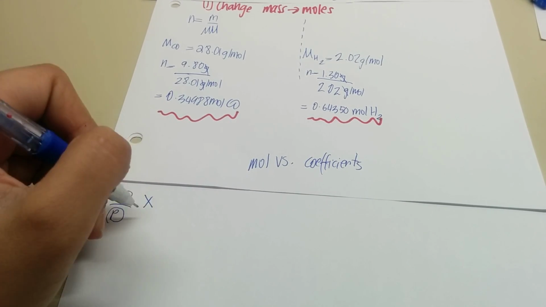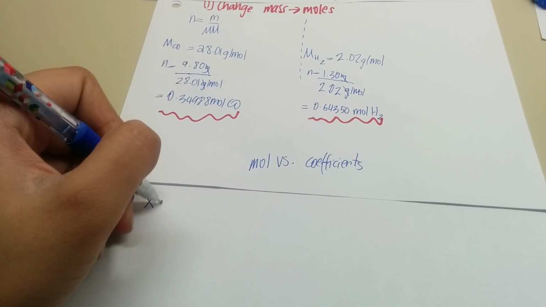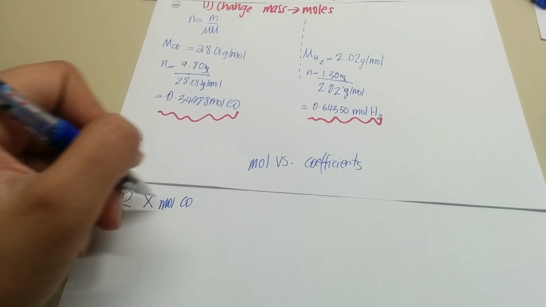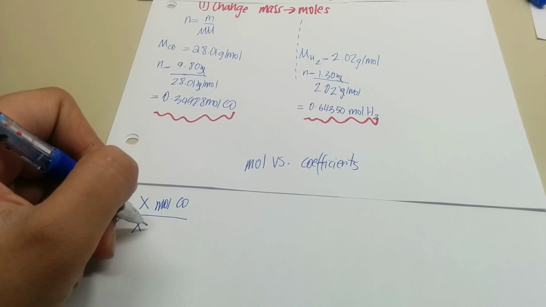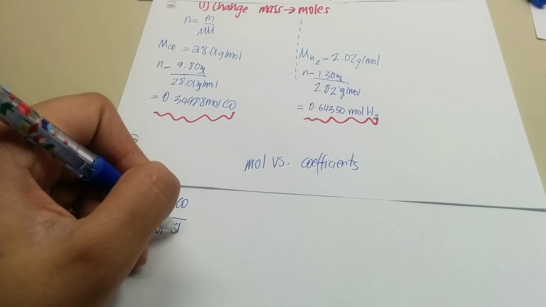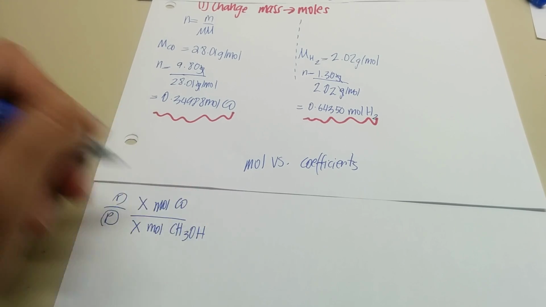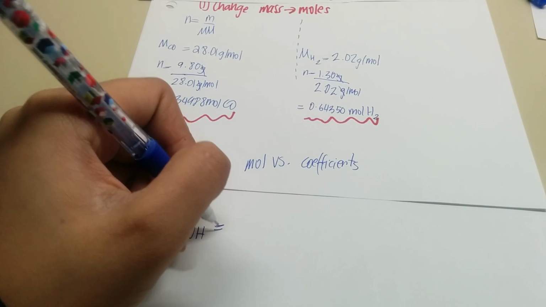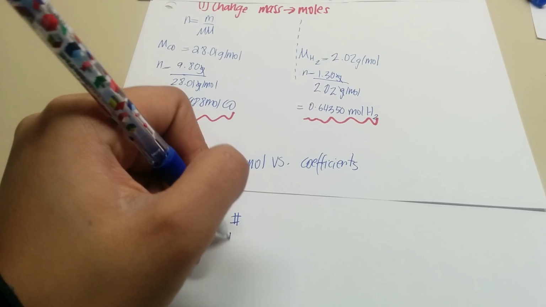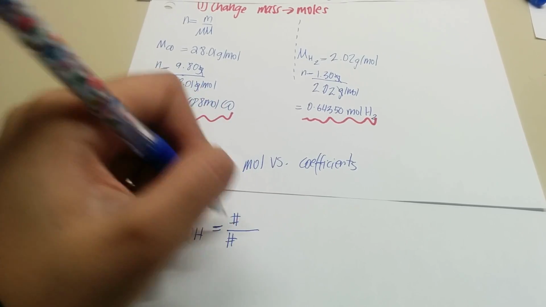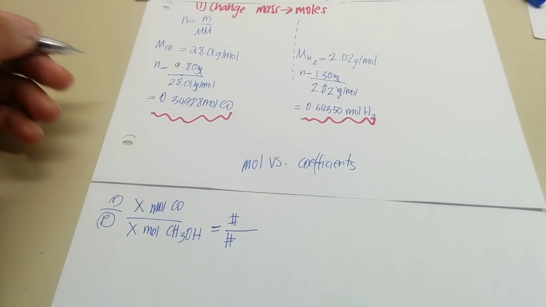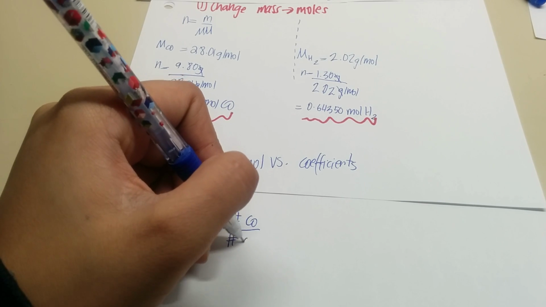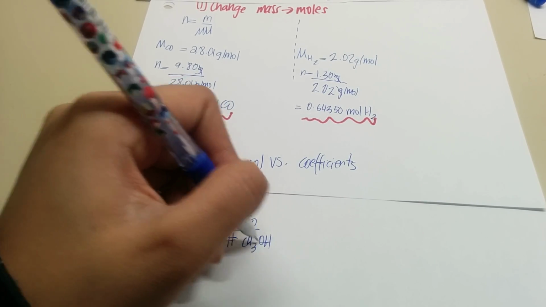So it's going to be an unknown amount of CO moles over an unknown amount of CH3OH moles equals the coefficients of both these things over each other as well. So CO and CH3OH.